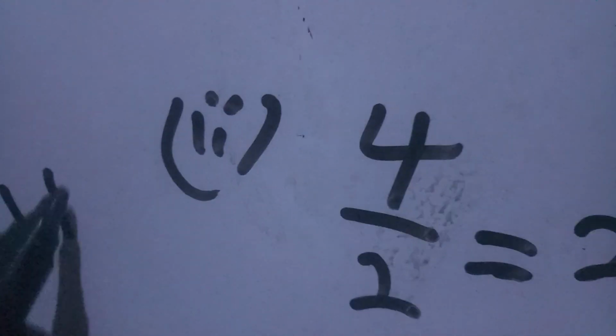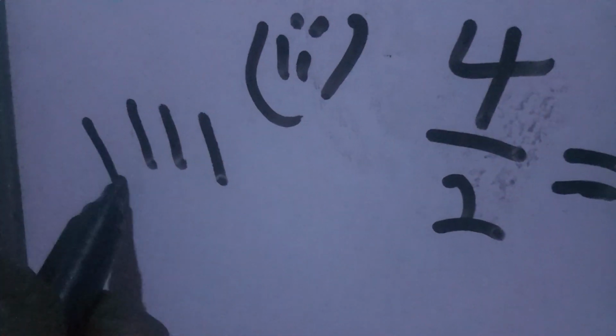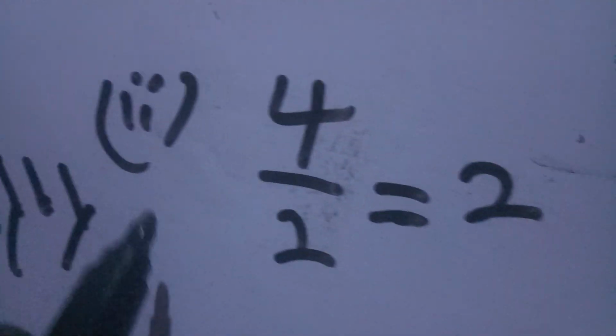Also, if you have 4 divided by 2, you know your answer is 2. How many times will you get 2 in 4? That's 1, 2, 3, 4. That's 2 times.